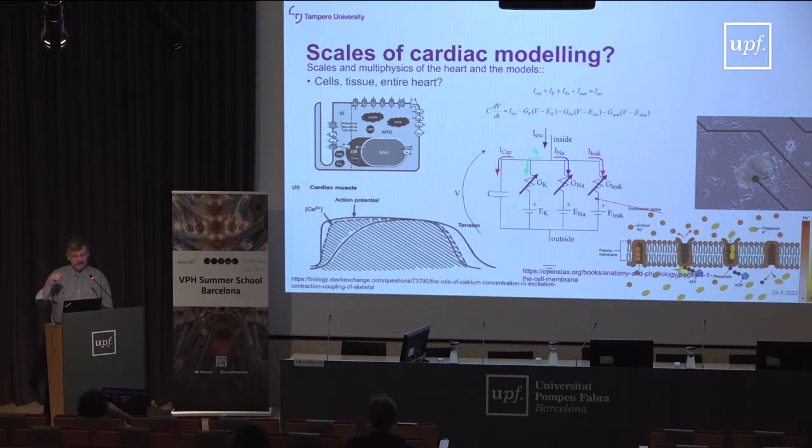Looks simple, but each of these conductances is really complex because they are ion channels that are opening and closing. You have the dynamics of opening and closing, and they are nonlinear and also depend on each other. So the model becomes quite complex, even at a single cell level.